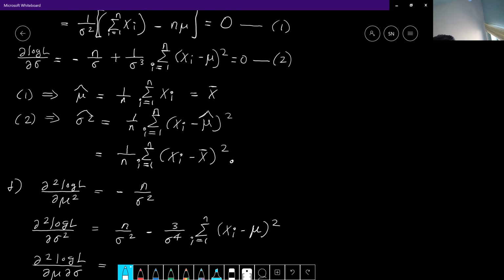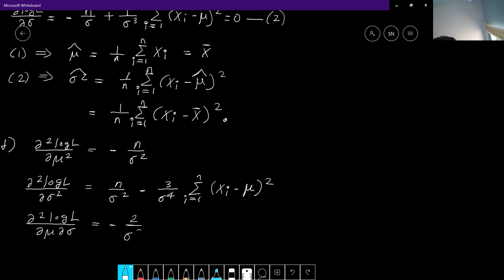Correct me if I'm wrong, but it's quite possible. If I'm wrong, please let me know. Times the sum of xi minus n times mu. So these are the three partial derivatives that we need.